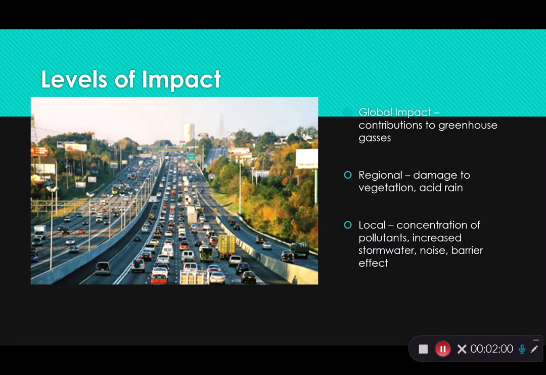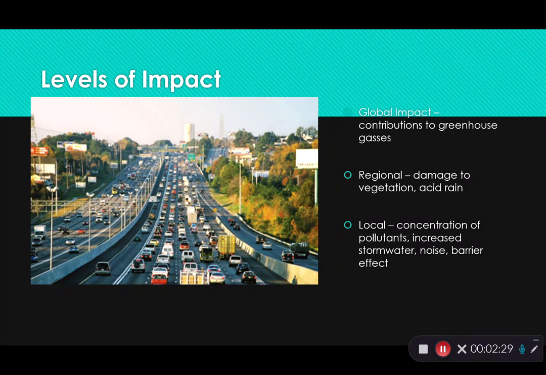At the regional level, we have things like vegetation damage, acid rain, and loss of habitat as our transportation system pushes development farther and farther out. Also, roads themselves at the regional and local level serve as a barrier to migration and to movement of animals, so certainly an issue there.